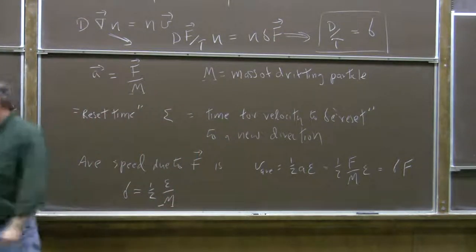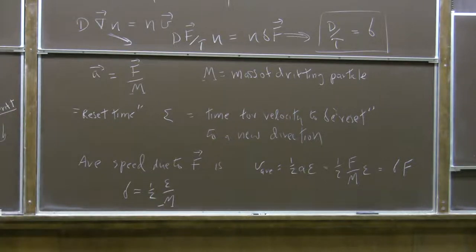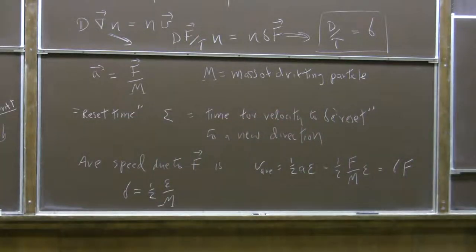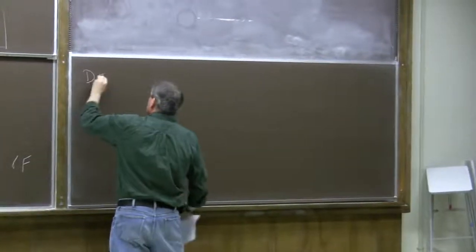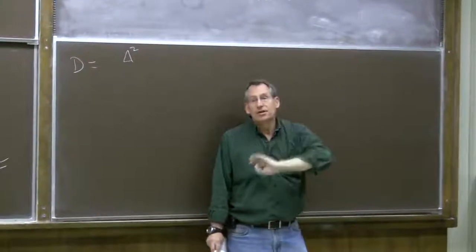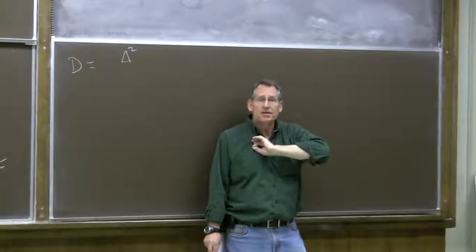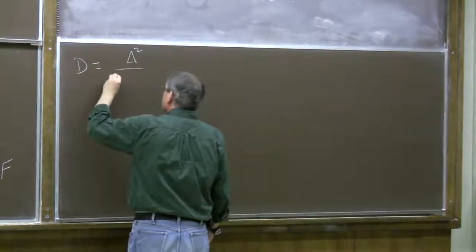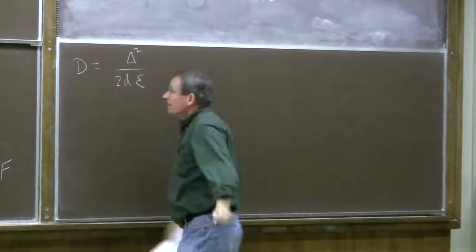Now suppose we use the model in which the diffusion constant, in terms of the reset time and the mean-free path, in d dimensions can be the spatial step size, the distance the particle goes before its velocity gets reset, divided by 2d times the reset time.